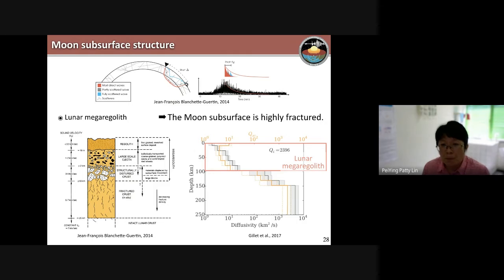So from the seismogram, we know that the moon's subsurface is highly fractured. The reason for that may be that there is no resurfacing, and as far as we know, a lot of meteor impacts happen on the moon.